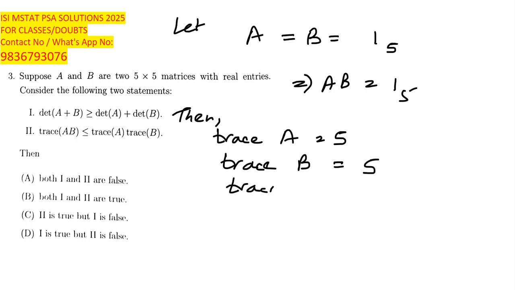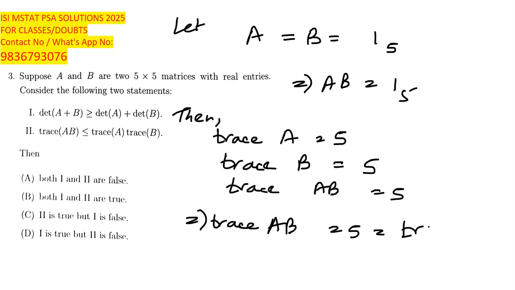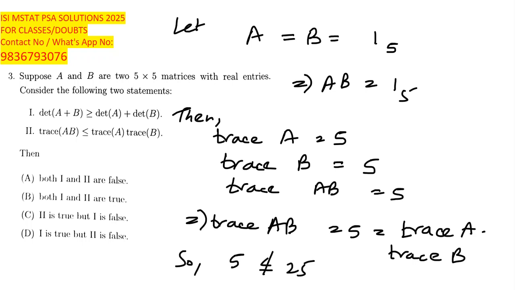So what will be trace AB? Trace AB will be 5, but trace A multiplied by trace B is 25. So 5 is not greater than 25, and this inequality fails.